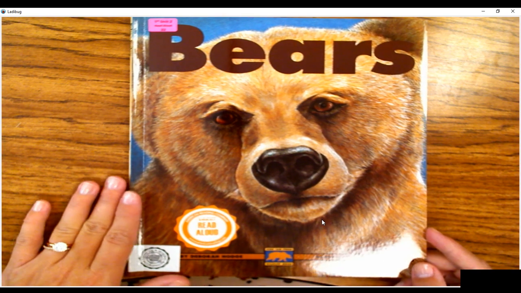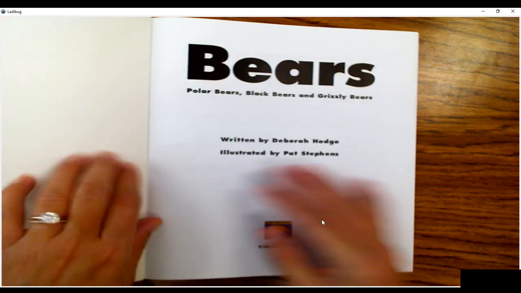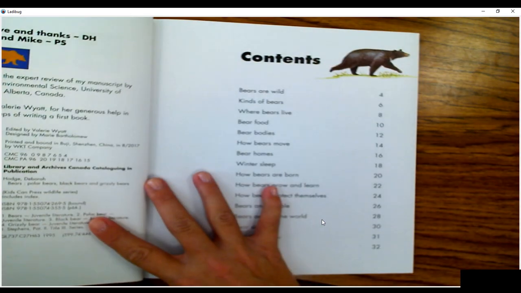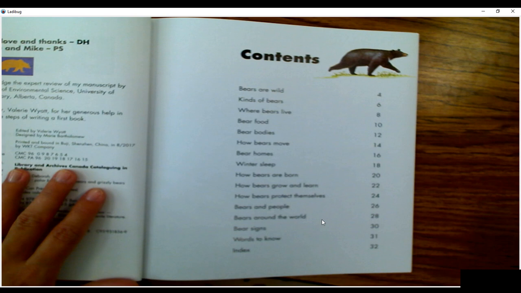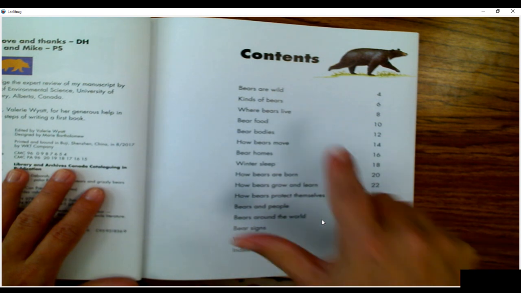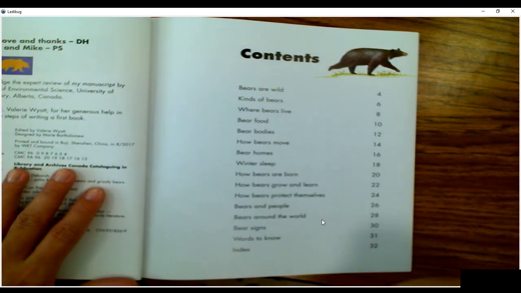So I'm going to show you how I would do that with this book titled Bears, written by Deborah Hodge, illustrated by Pat Stevens. So boys and girls, this is a table of contents, and that is a feature of nonfiction text. So let's look through all of these different headings for each section and see which one might tell us more about how a bear looks.